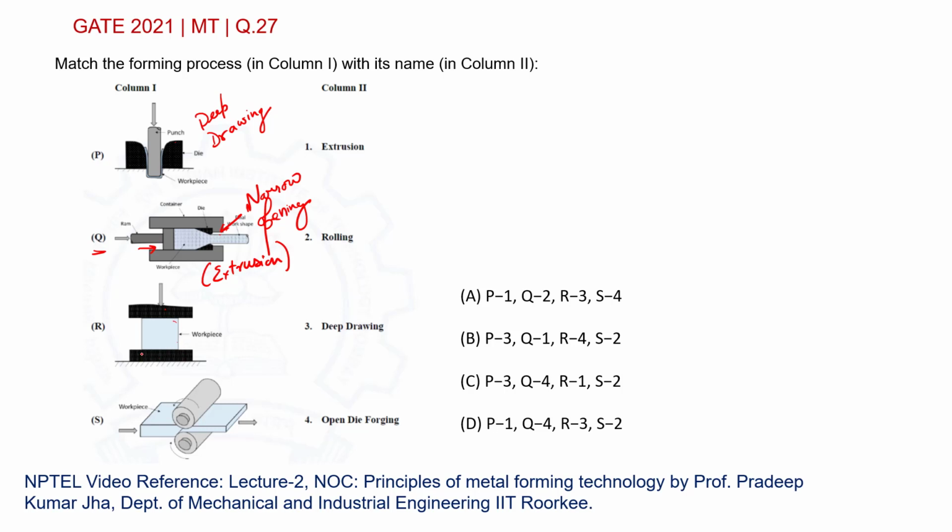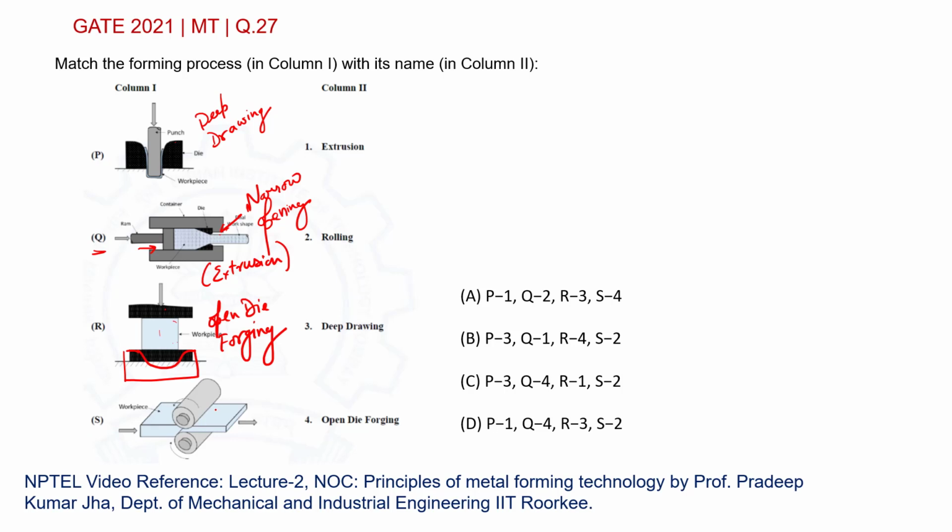And here, since the die is open, we call it open die forging. One real life example is you take some clay, put it on a surface and beat it with a hammer. The clay will flatten out. Similarly, the workpiece will also tend to expand in the perpendicular direction. So that is known as open die forging.